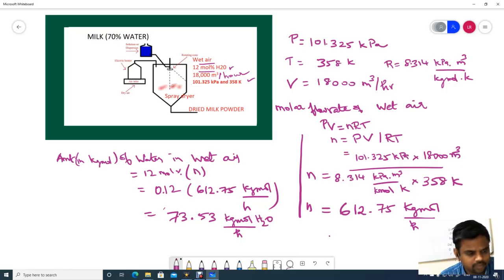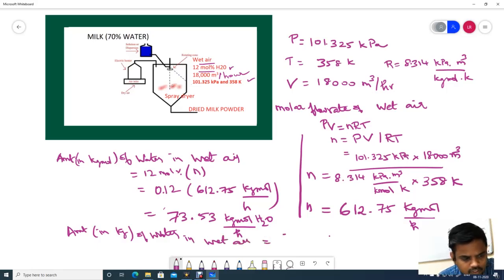Now we can convert this to the kg of water present in the wet air, that is the mass of water. So the amount of water in wet air is equal to 73.53 kg mole multiplied by the molecular weight of water, 18 kg per kg mole.